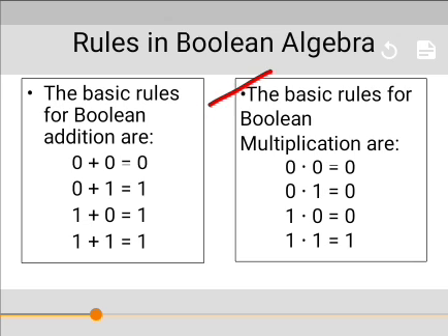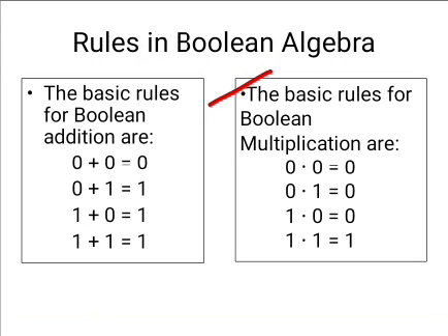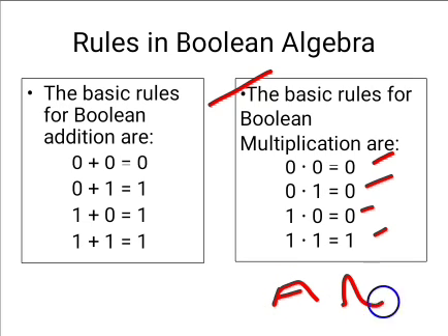Next, the basic rules for Boolean multiplication are 0 into 0 is 0, 0 into 1 is 0, 1 into 0 is 0, 1 into 1 is 1. Here also we know that Boolean multiplication is the same as the logic AND function.